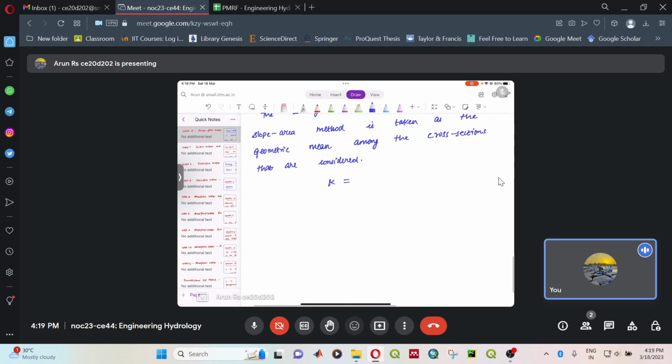So your K, which is the geometric mean, is given by the square root of K1 times K2 for 2 sections. And for n sections, we can write K1, K2, K3, and so on up to Kn, and we need to take the nth root of it.